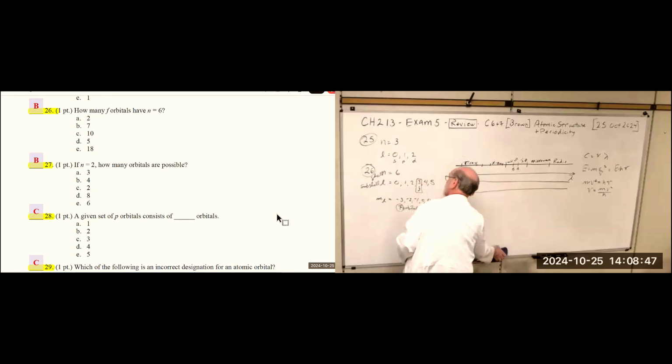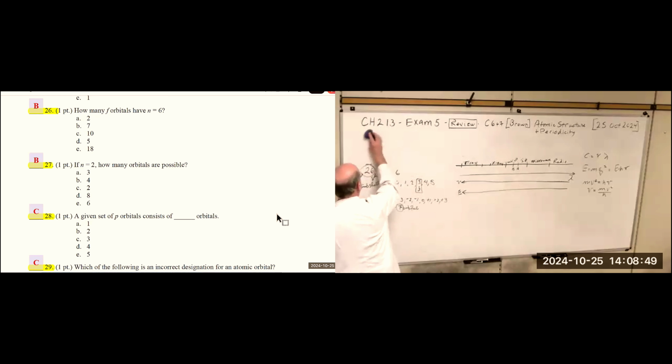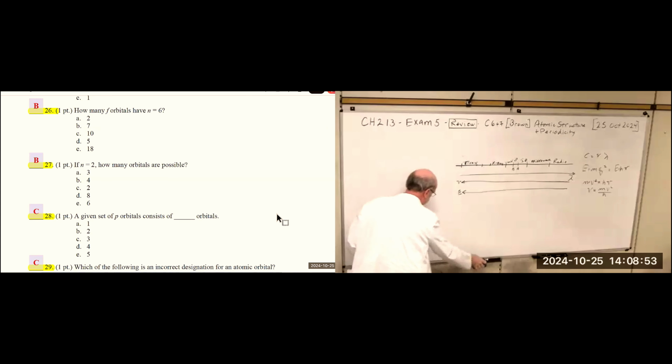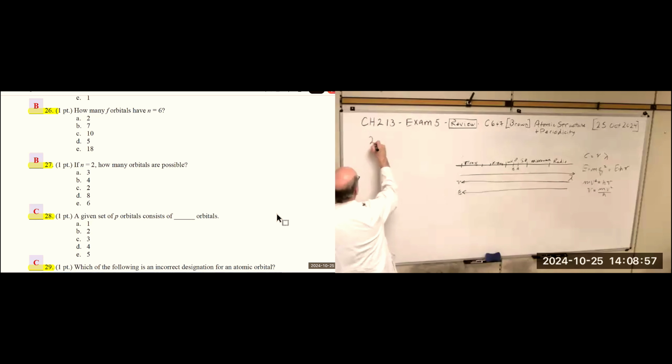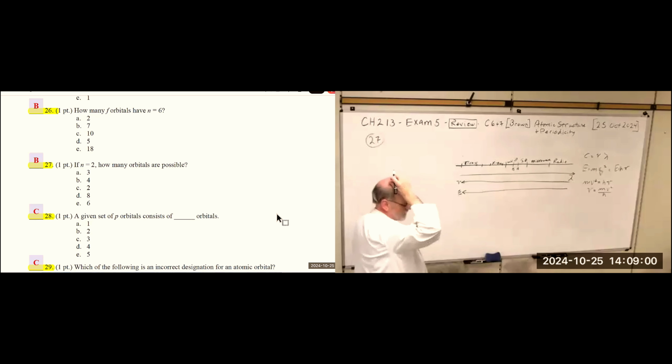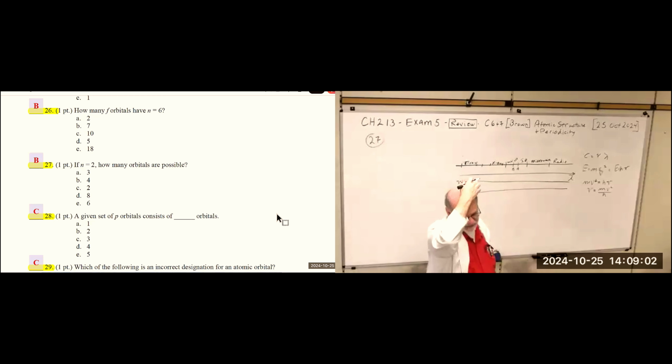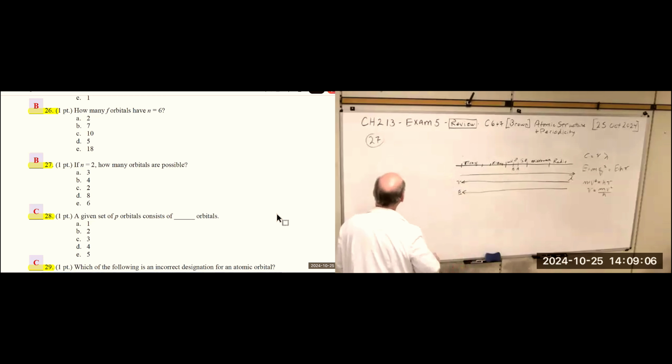27. I better erase some of these. If n equals 2, how many orbitals are possible? For everything under n equals 2.